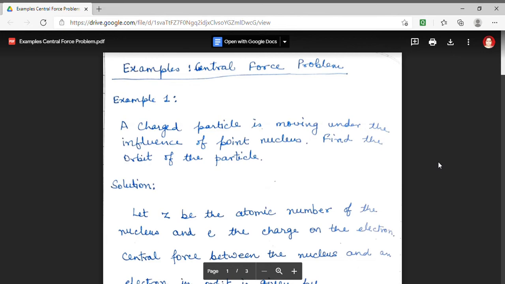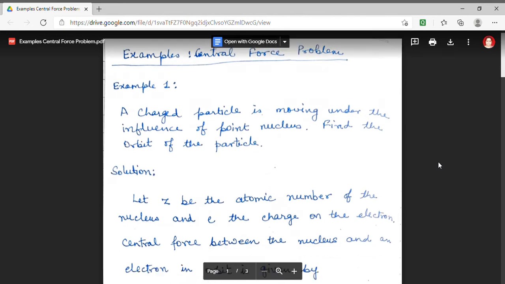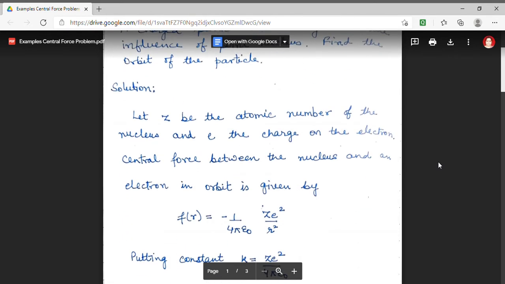In order to determine this, initially we have to find the force acting on the charged particle. For this purpose, let Z be the atomic number of the nucleus and e be the charge on the electron.